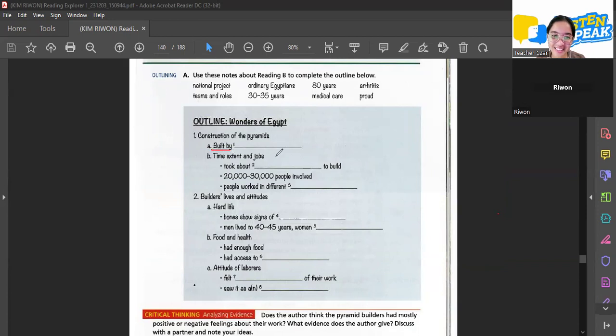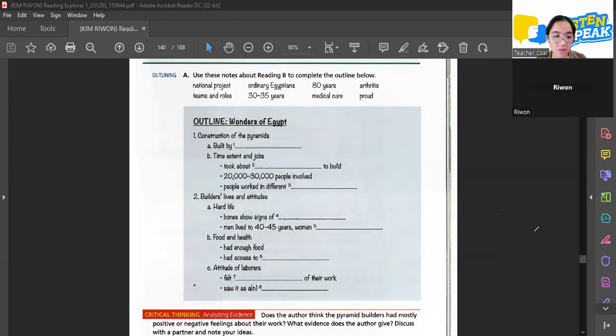So it has to be a person. Why are there teams and roles?